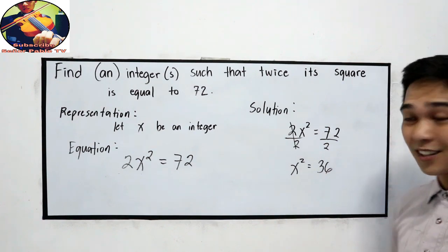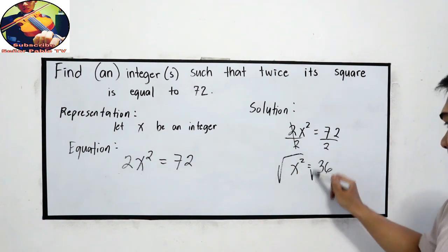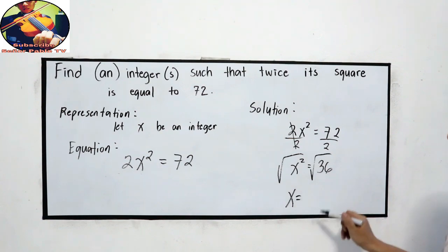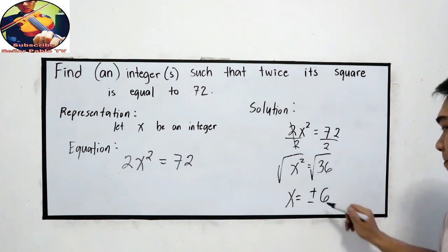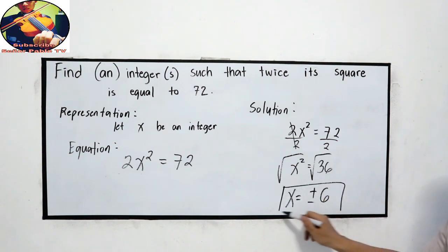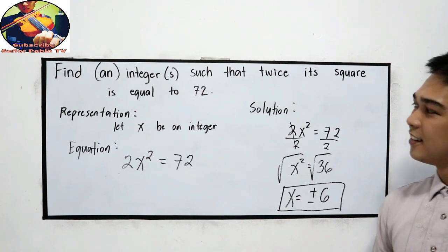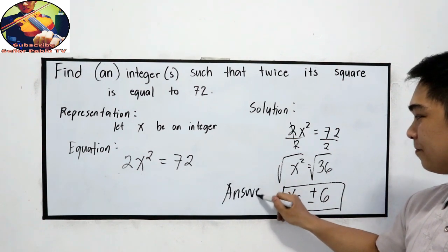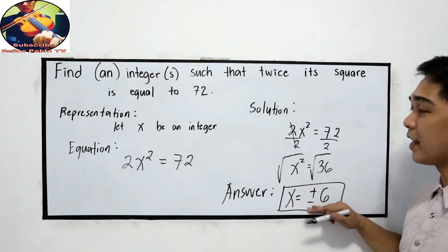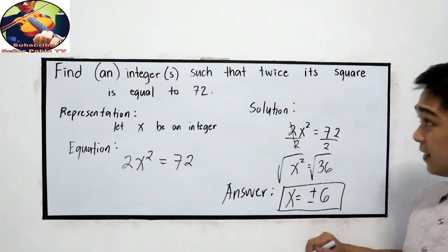X is equal to positive negative square root of 36, which is 6. Okay. So, this is our final answer, positive, negative 6.